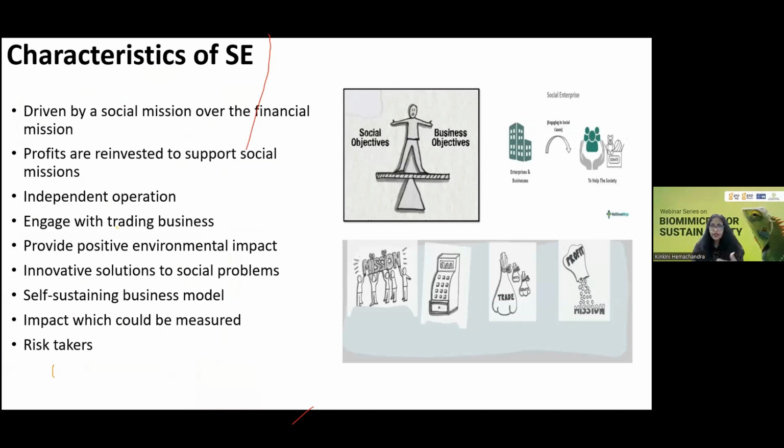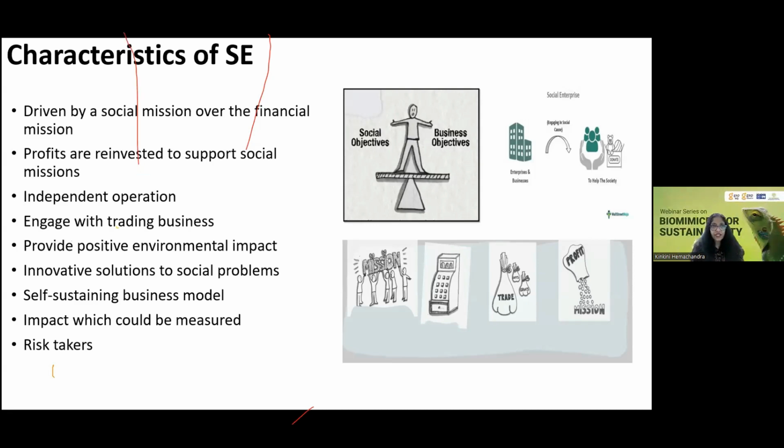So how do you recognize a social enterprise among our other business models? With social enterprise, you can see the objective is different because they have a balanced mix of both business objective, that means we need to make some profits for our survival and for our continuation and for our growth, of course. And also, while achieving our business objective, they do have a social objective.